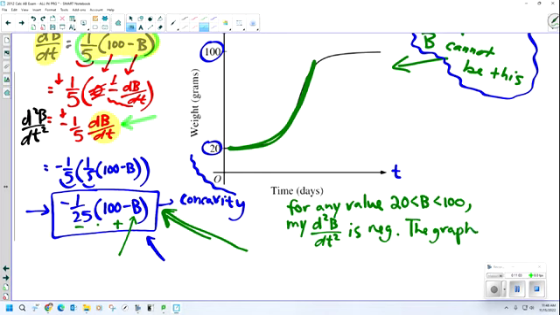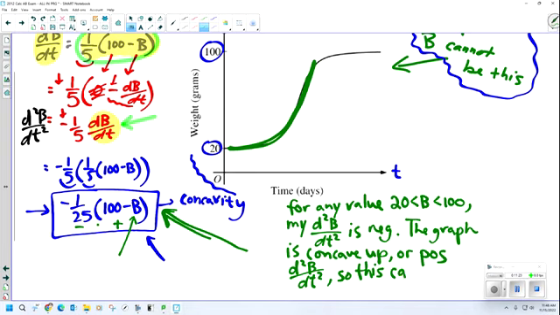The graph is concave up, or a positive second derivative. So this cannot be the graph of B. Sorry, I was running out of words.